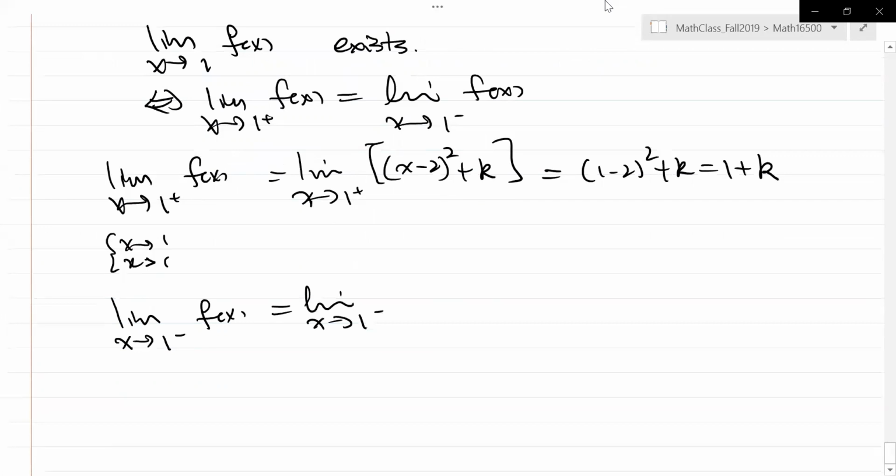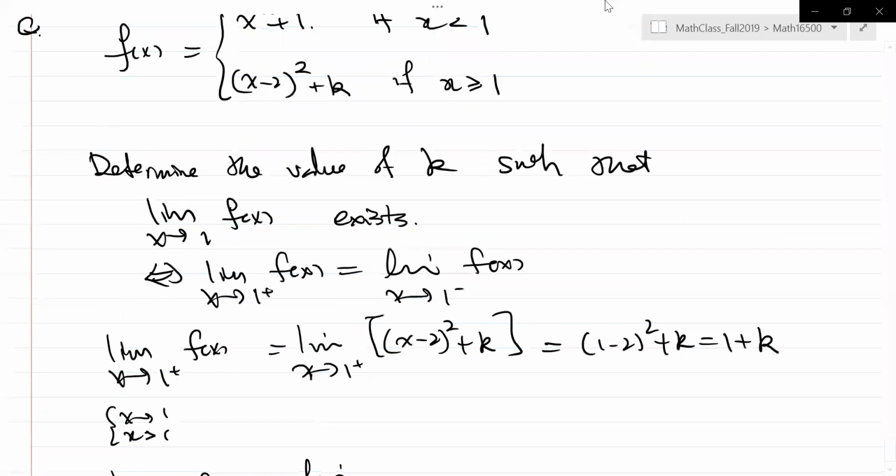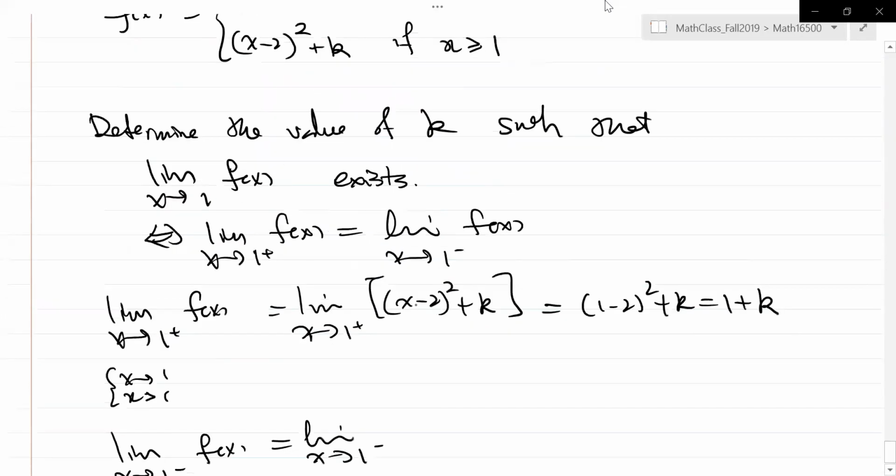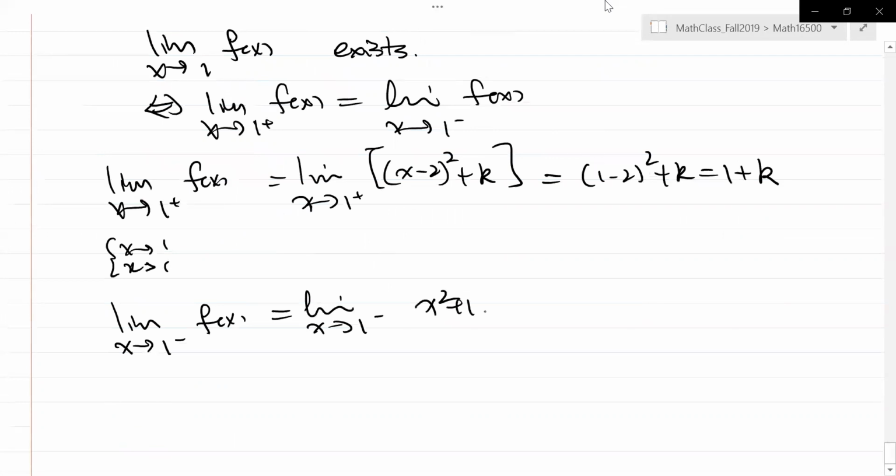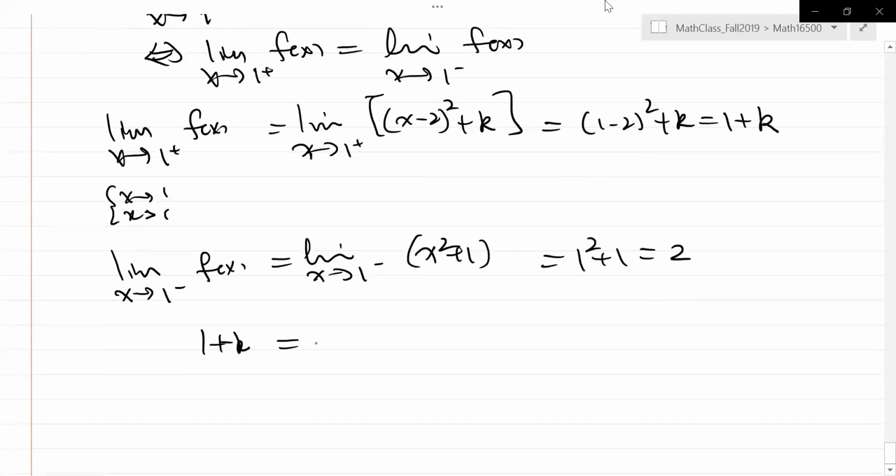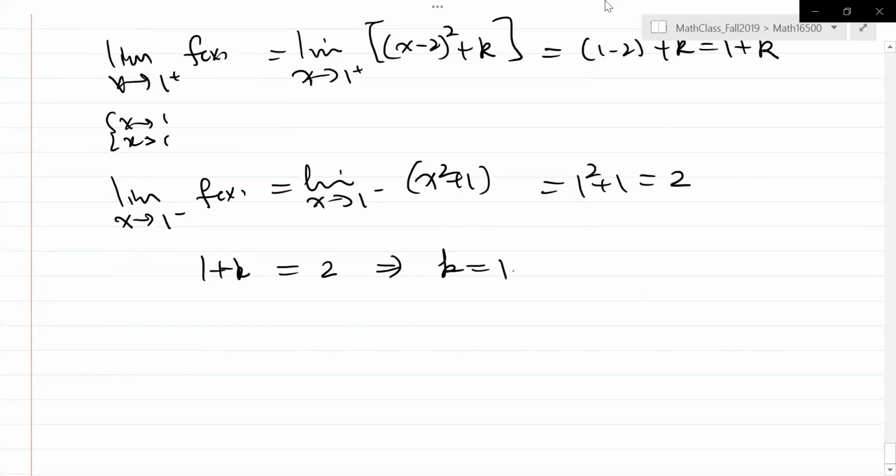Then you also look at the left-hand limit. You can easily get that the limit is 2. So they must be equal, right?